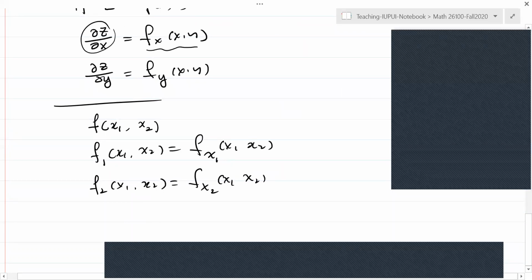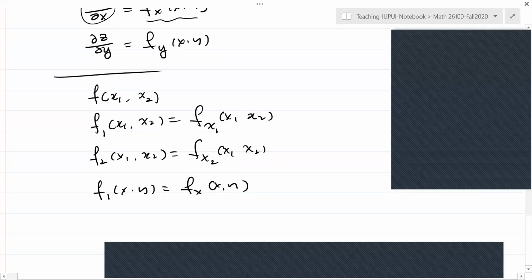Then f1 just means the partial derivative with respect to x. So don't be confused about this notation. Just for simplicity, we instead of y just write f2, so f2 is a partial derivative with respect to the y variable.